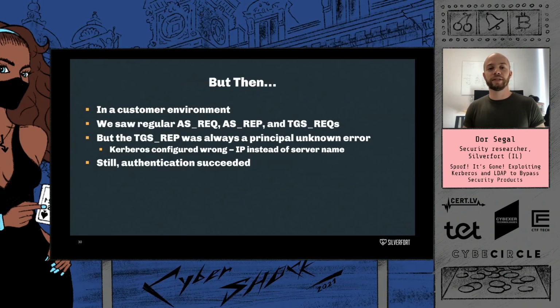But then we went to a different customer's environment, and we saw all the Kerberos authentication requests, but the service reply always ended up with a principal unknown error. We looked into the configuration and saw that our customer improperly configured its Curator, and instead of inserting the NetBIOS name required by the Kerberos protocol, it inserted the IP address, but still authentication was successful.